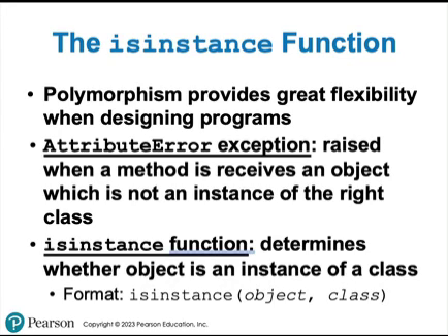So to try to avoid getting this exception, we can say, for example, isinstance(object, class). The object is an instantiation of a class. It's an actual object. And you're asking, is this basically of type class? Is it a member of that class? So that's very handy to avoid getting runtime errors.